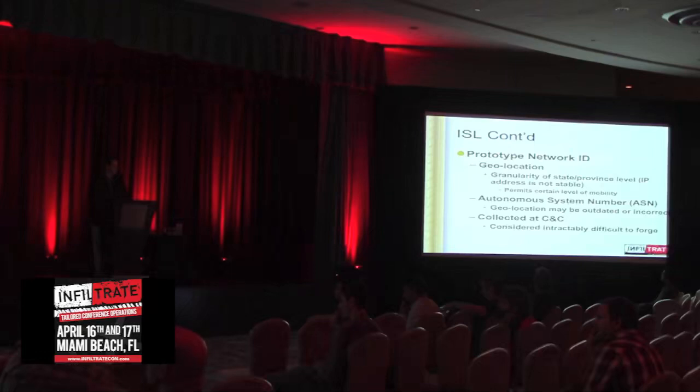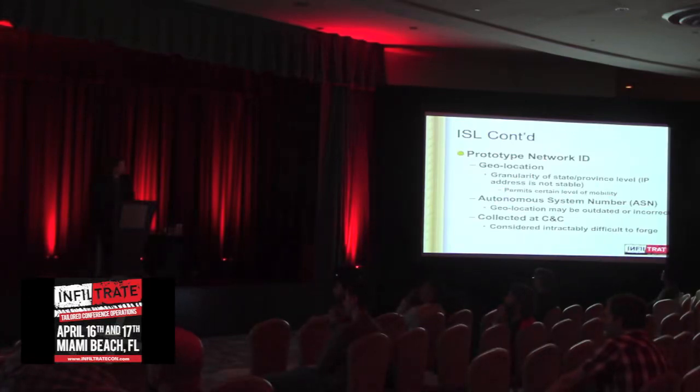So in terms of what the network ID looks like, in our prototype, we have geolocation. We'll take the IP address as gathered by the command and control, and we'll locate it to the state or province level, as we believe that this permits a certain necessary level of mobility, for example, if the target is a laptop.